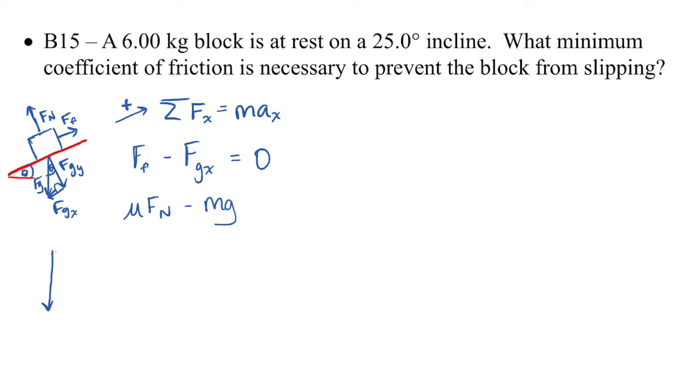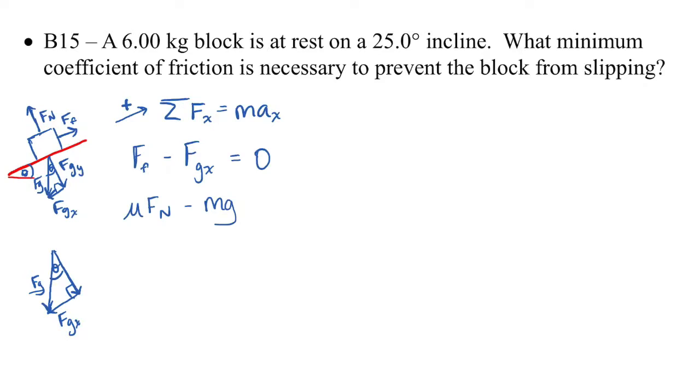If we take a look at this triangle a little bit closer up, here's our right angle triangle, here's FG. FGX is opposite this angle that we have, that 25-degree angle. So if I want to get force of gravity in the x direction, I need to take force of gravity and multiply it by sine of theta.